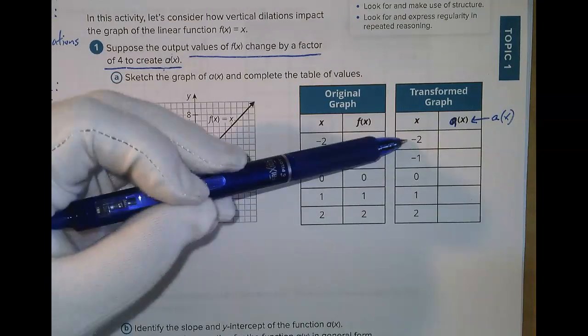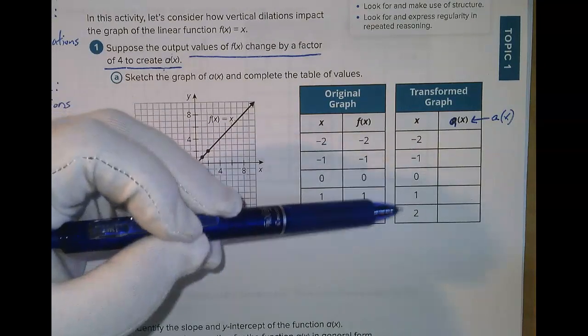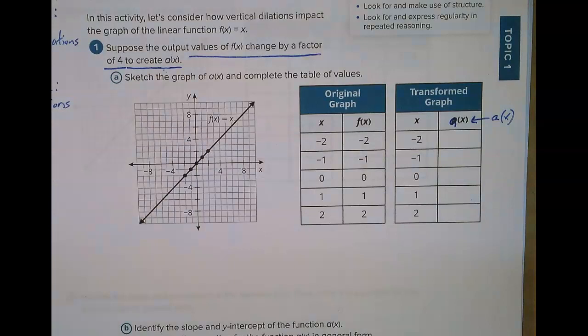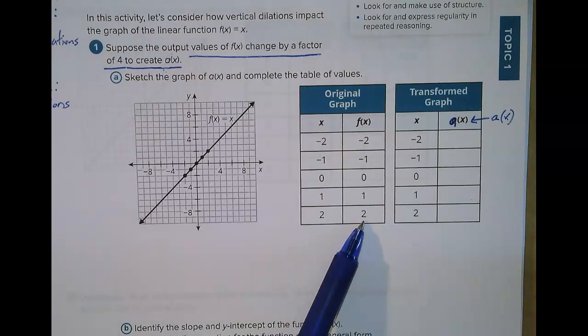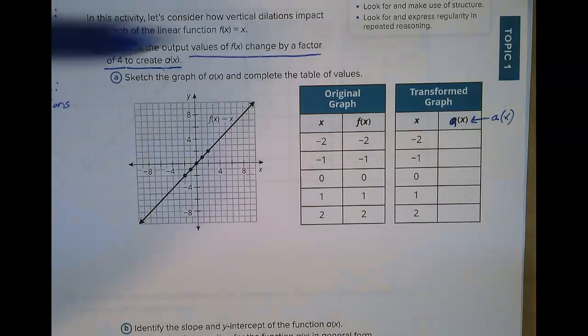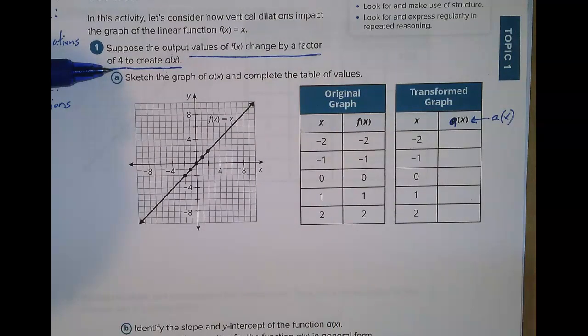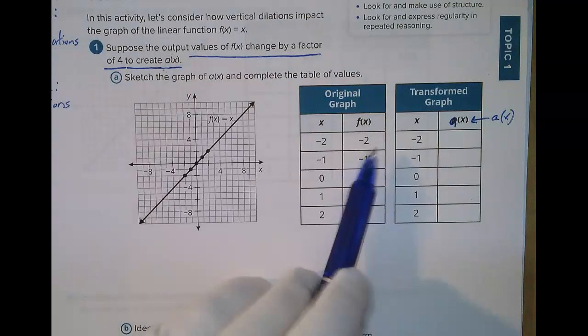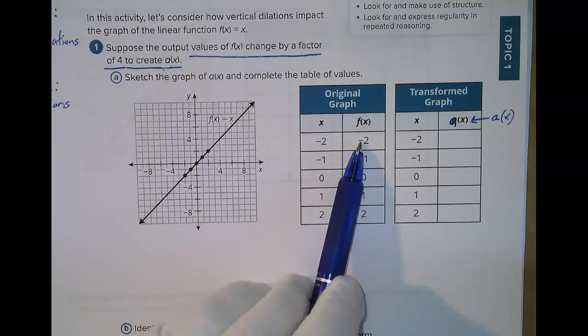See? Our input is staying the same. And our output is going to be what gets multiplied by 4. So we're going to change by a factor of 4 to create this new function called a of x. So take your output and multiply times 4.